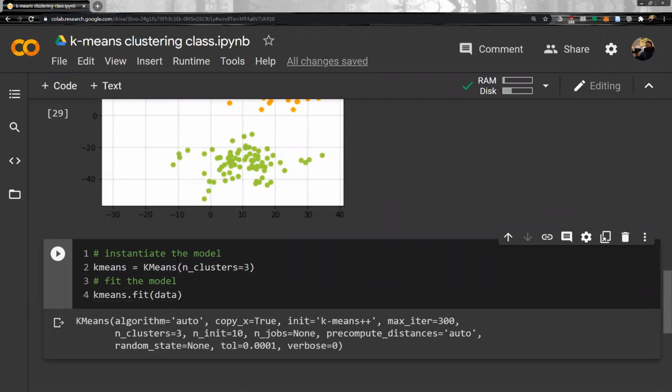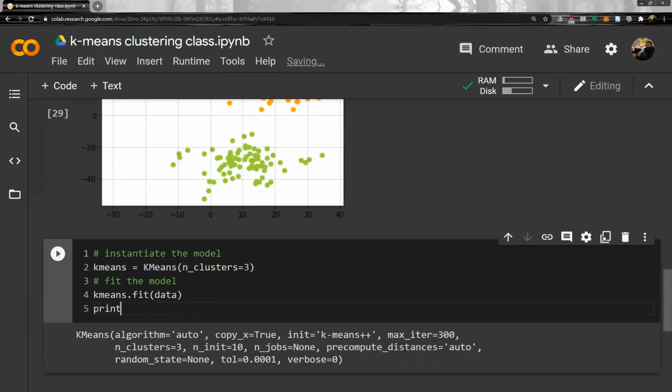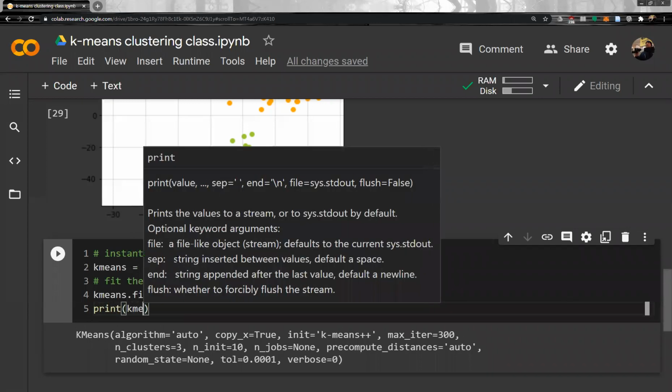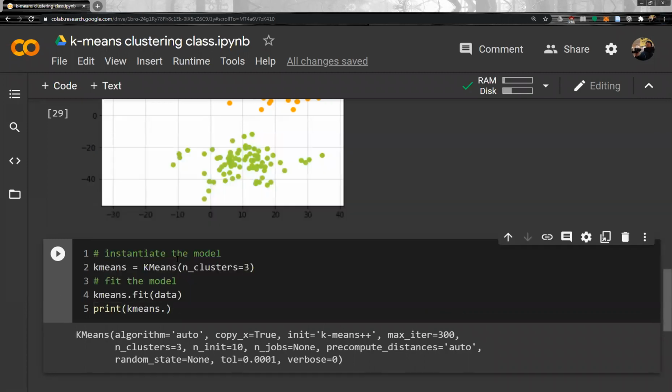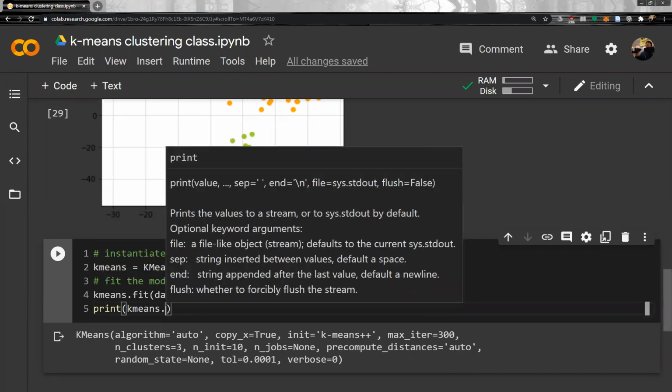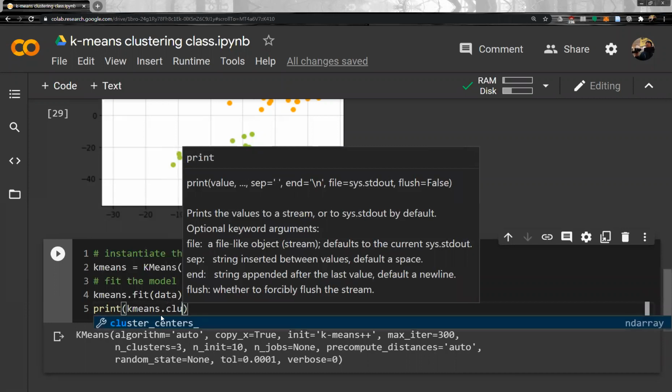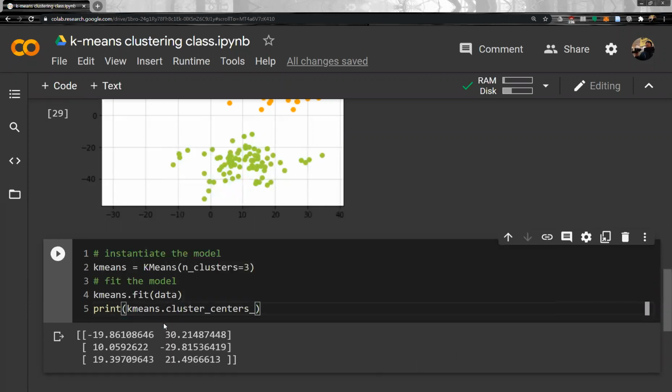So we will see next. Let's see the centers of the clusters. Print kmeans.cluster_centers_. Okay, so the cluster centers are 10, minus 20, 19, and 21.